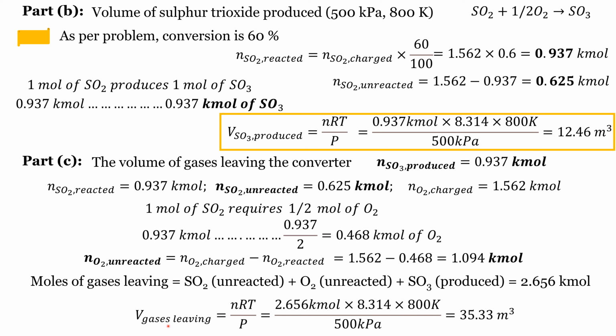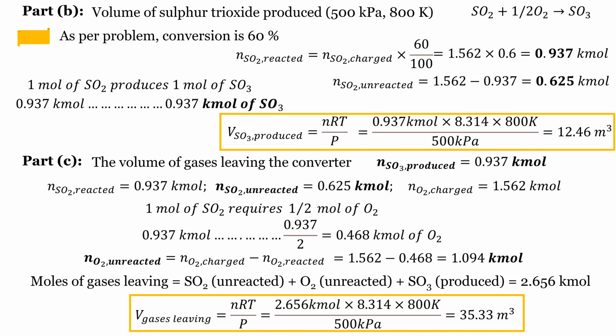So we can find out the volume of gases leaving, and we need to find this volume at the same temperature and pressure conditions. At the same temperature and pressure we can use the total moles and we will get 35.33 meter cube.